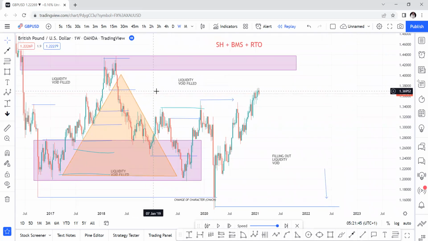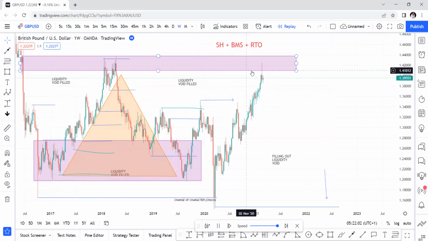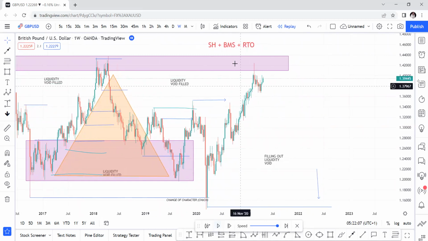You understand? So this place fills up, this gap is filled up, price moves into the opposite. Gap filled up, price moves into the opposite. Price moves up, liquidity gap filled. That is a new liquidity gap being filled.